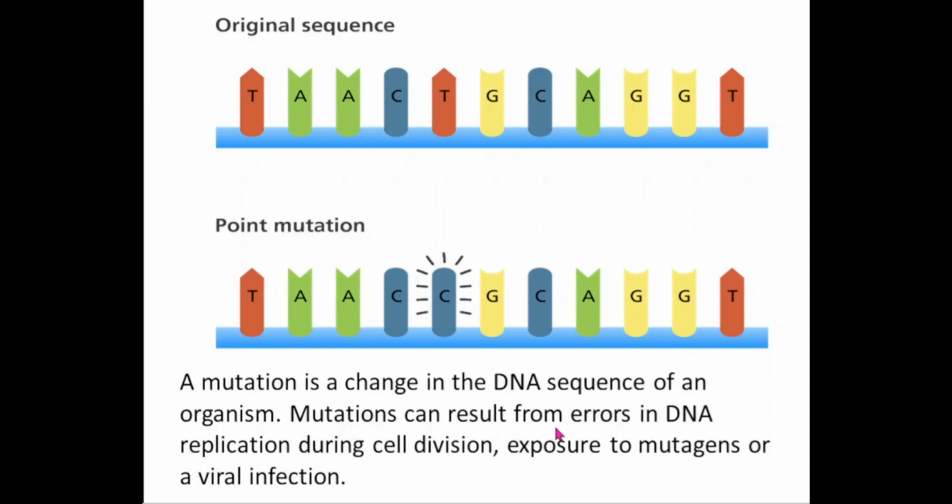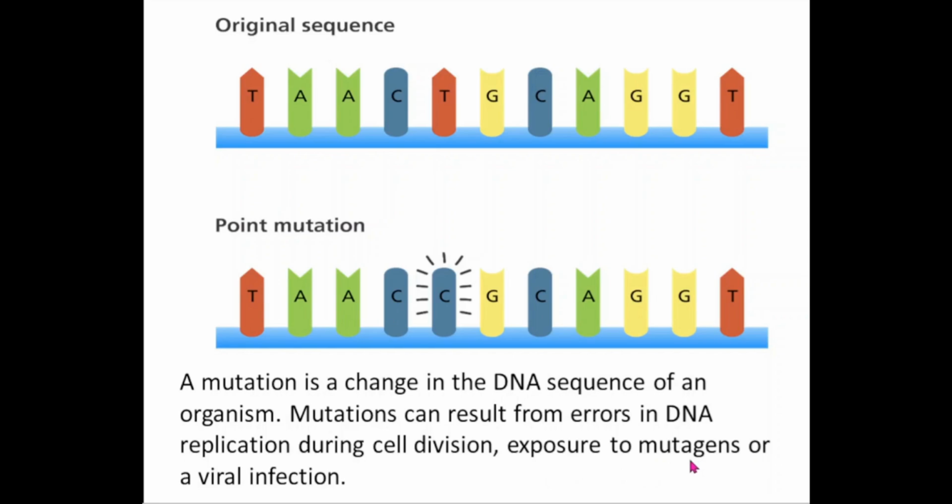Mutations can result from errors in DNA replication during cell division, exposure to mutagens, or a viral infection. So there is genetic material duplication in every cell division. Therefore, in that process, there may be errors of this kind. So it may take place at that time. The other is exposure to mutagens.